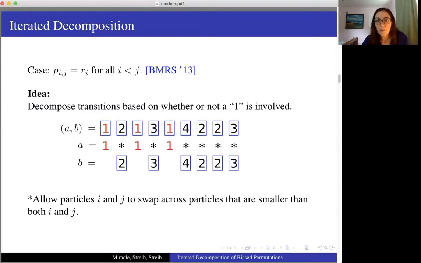So we allow some extra transitions so that the particles within B can be swapped. For example, this 2 and this 3 can be swapped across the 1 because we want it to be able to move and not get stuck. And we do that in such a way as to preserve the desired stationary distribution pi.